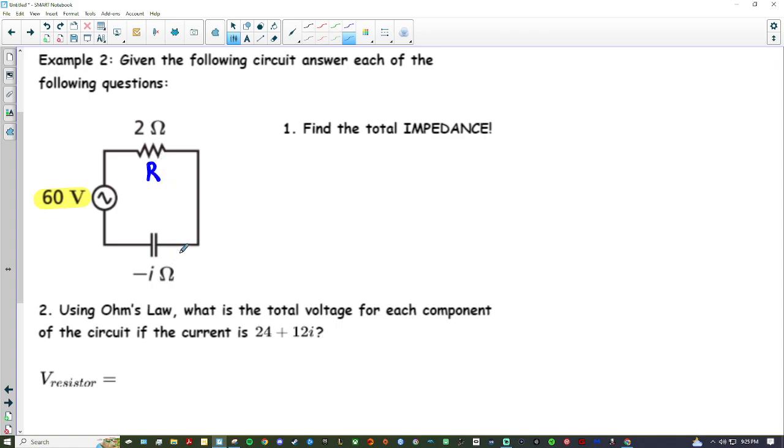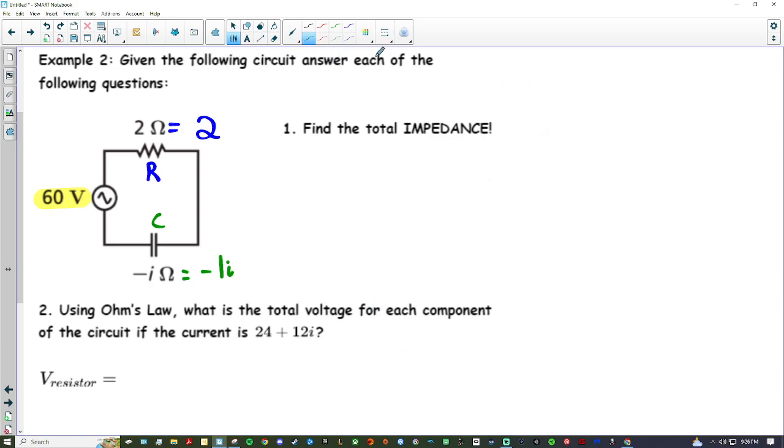Our resistor is always represented by a real number, so just 2. And our capacitor is always a negative imaginary number, which looks like negative 1i.